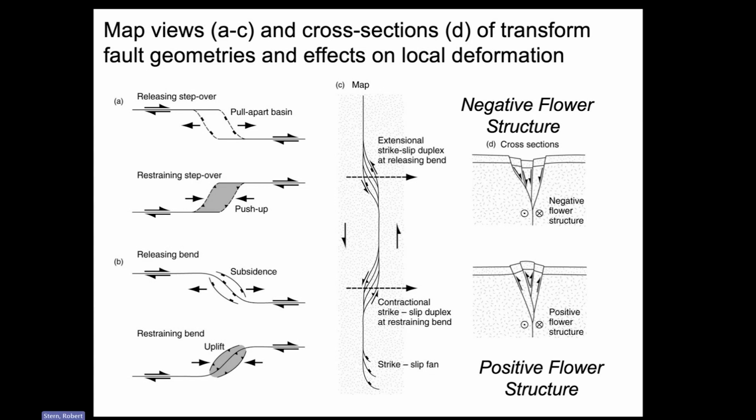But these positive and negative flower structures, you'll see them a lot on geophysical profiles, reflection profiles, in different regimes. And we'll talk more about these. Any questions about these lovely flower structures? Very important point. Fun point, actually.